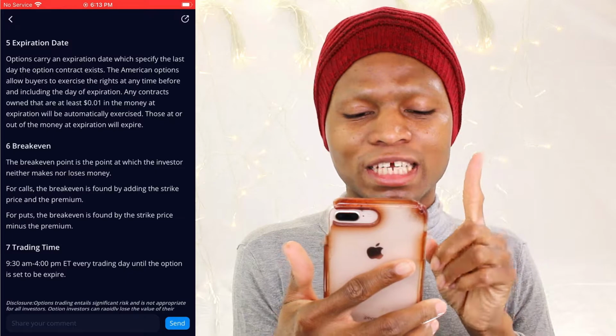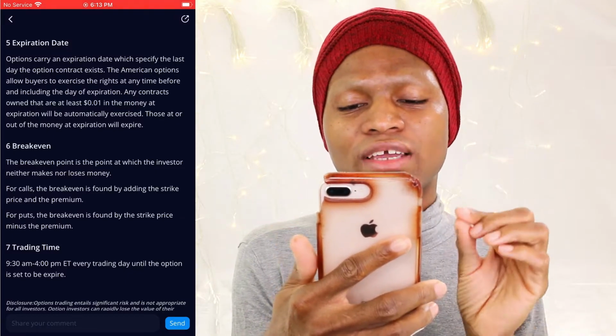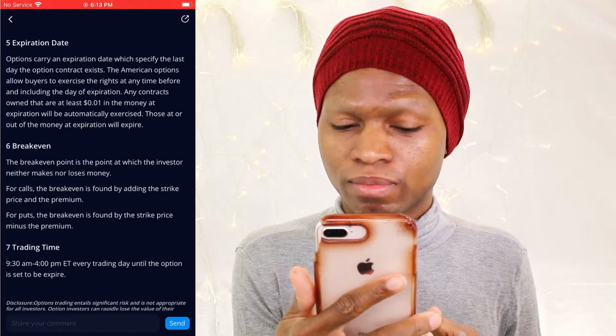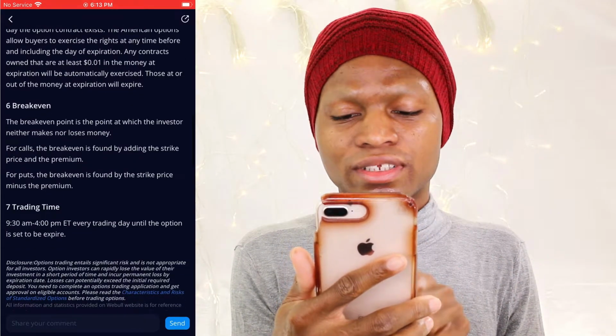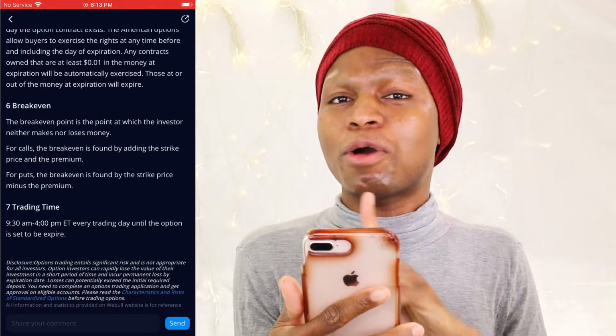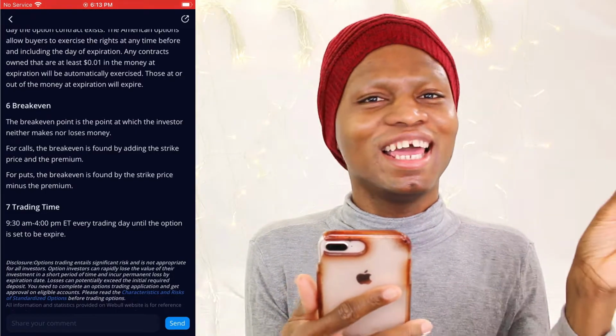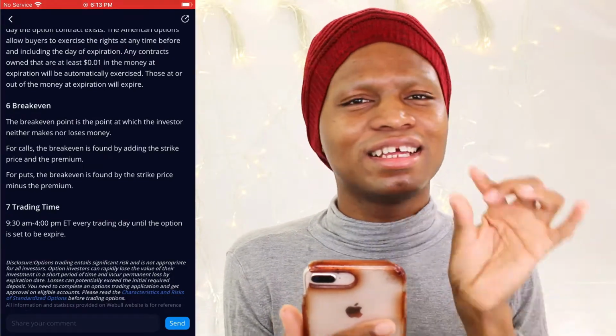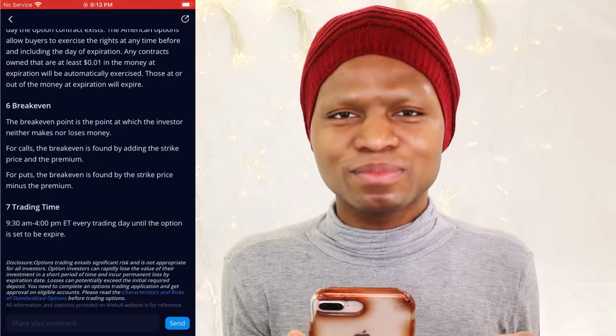Okay, but let's put it this way: for calls, the break even is found by adding the strike price and the premium. For puts, the break even is found by the strike price minus the premium, because remember, when you sell or buy puts, there is a point where they meet.